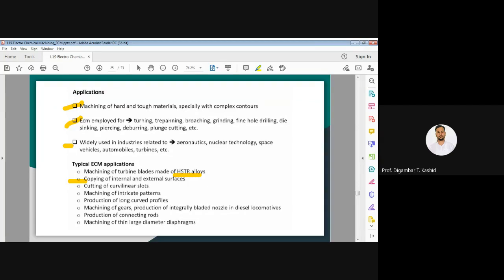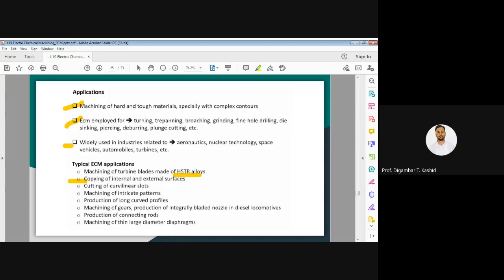Whatever surface you want to generate, you have to produce that shape on the tool, and then you can cut the workpiece using the tool. Generally these tools are made of very soft materials, so you can generate any kind of complex profile on your tool, and it is reflected onto your workpiece surface by the electrochemical machining process.